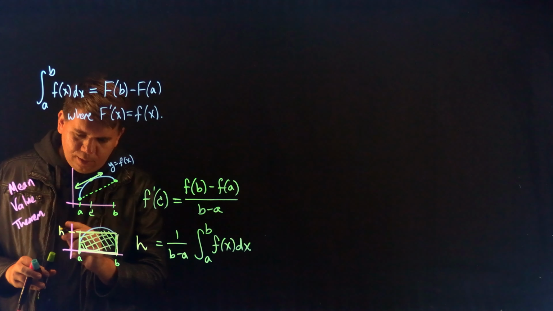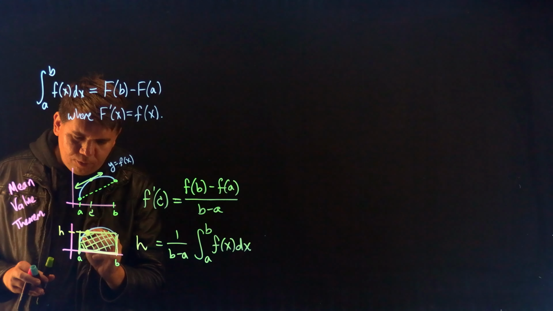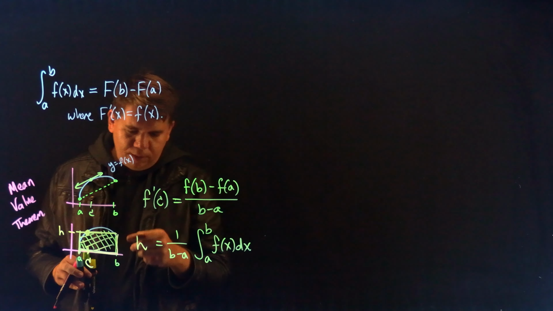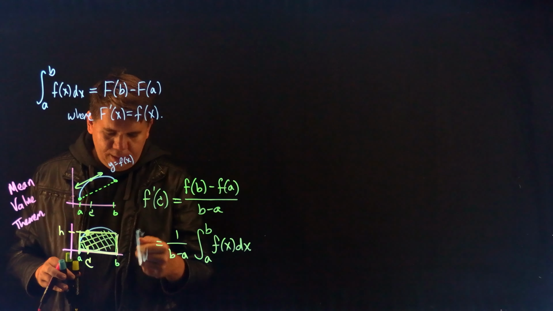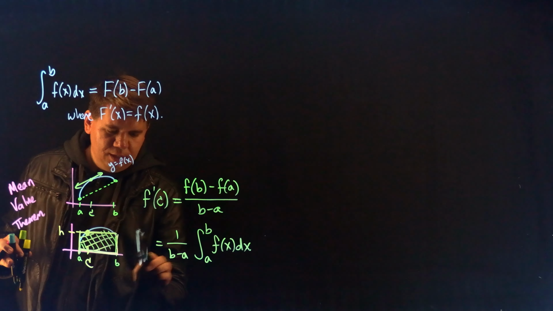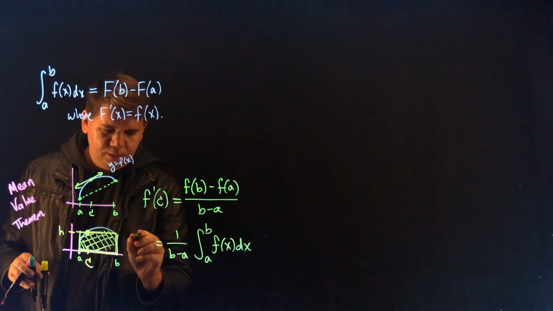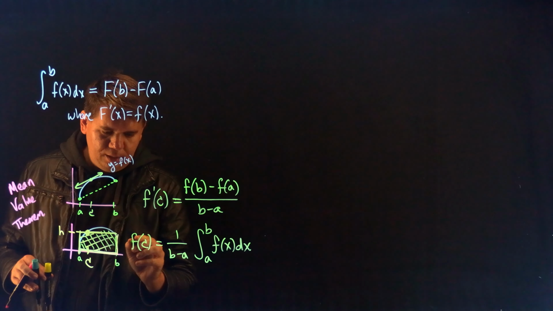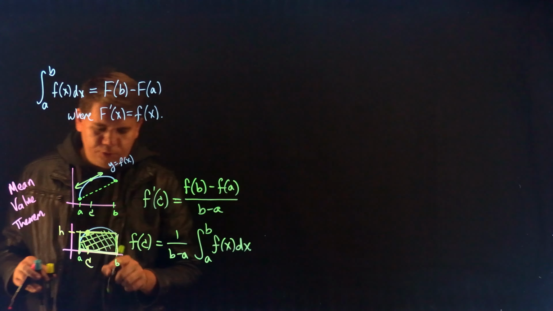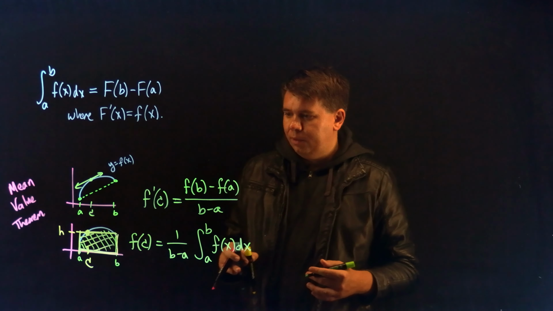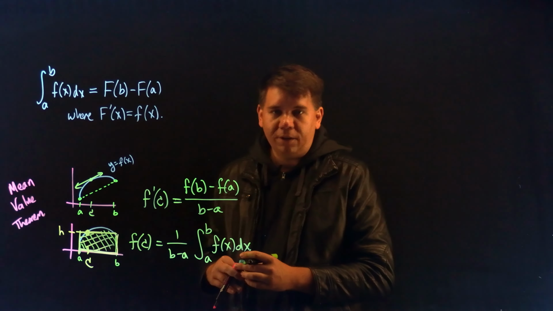But that height h is itself equal to the height of the function at some value c. So I can replace this h by just saying that is going to be the height of my function, f of c for some value c between a and b. And we called both of those the mean value theorem.